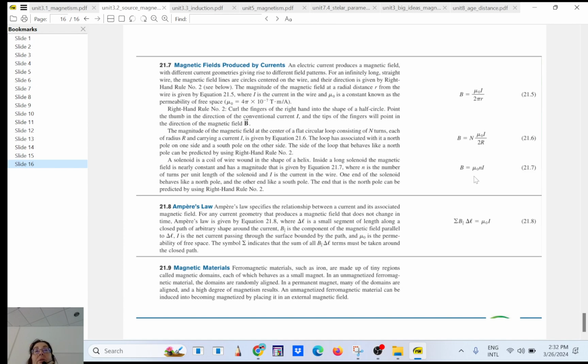But if you have a solenoid, that means a lot of loops, like 1000 loops, for example, you're going to use this equation. This one you don't have to worry about, or you can read. It's Ampere's law. Ampere's law says that the magnetic field wants to curl around current or moving charge. That's what magnetic field does. Ampere's law.